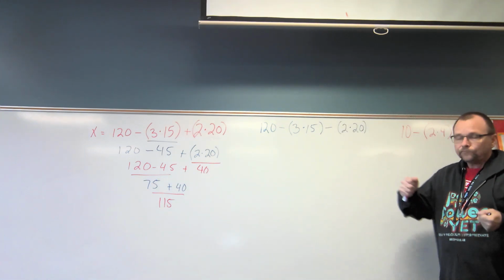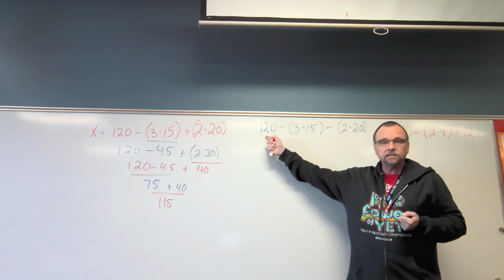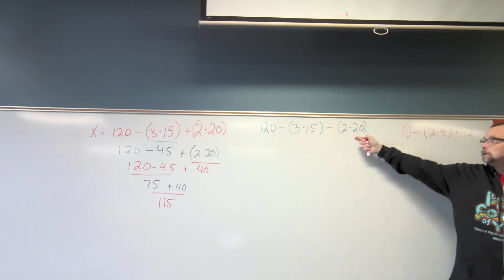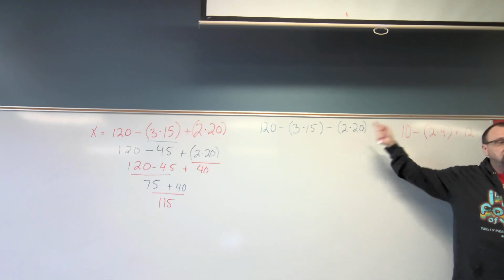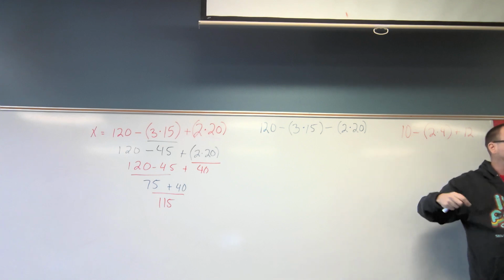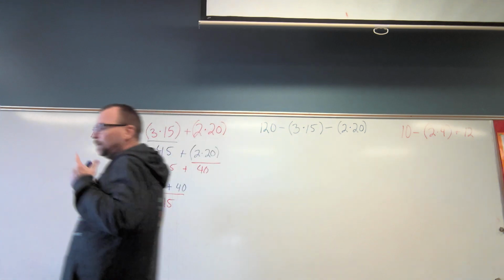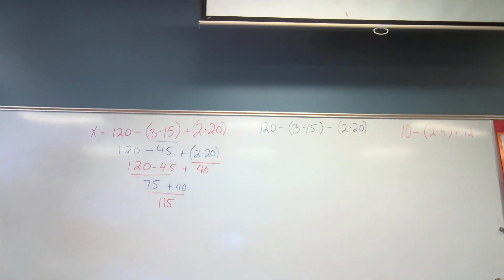So now let's look at the actual answer. And remember, she starts with 120 lemons. She uses 15 an hour for 3 hours, 20 an hour for 2 hours. And our goal is to find out how many lemons they have left. So if we start with this, Eli, where do I start with this problem? 3 times 15.